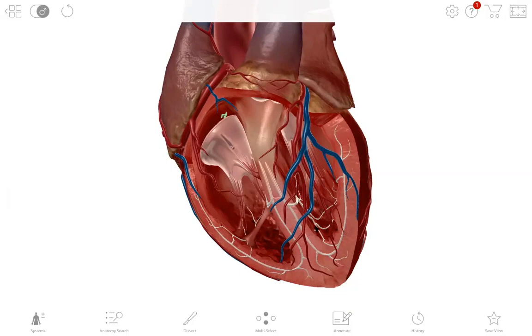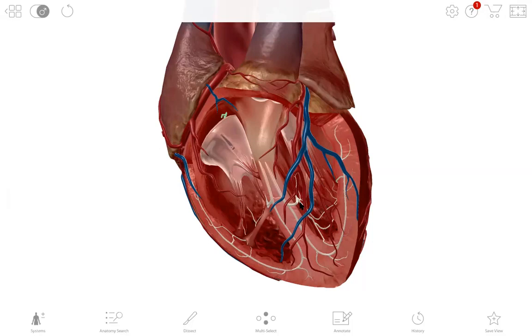Okay, if we come to talk about the blood supply of the heart, part of it is from the blood inside by diffusion, and a major part of it is from special blood vessels called the coronary arteries. The coronary arteries are the name for the blood vessels that supply the heart.